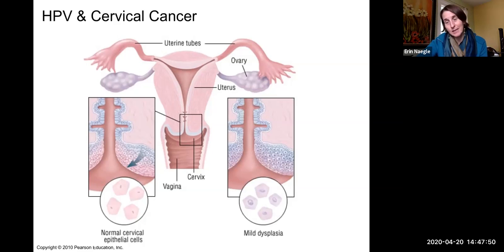And the nice thing about cervical cancer is that it's really slow growing. And the body usually is able to do a really good job of identifying those cells that have been infected with the virus and killing it, and basically clearing the HPV. But that's not always the case. And then it can lead to a case of cervical cancer.